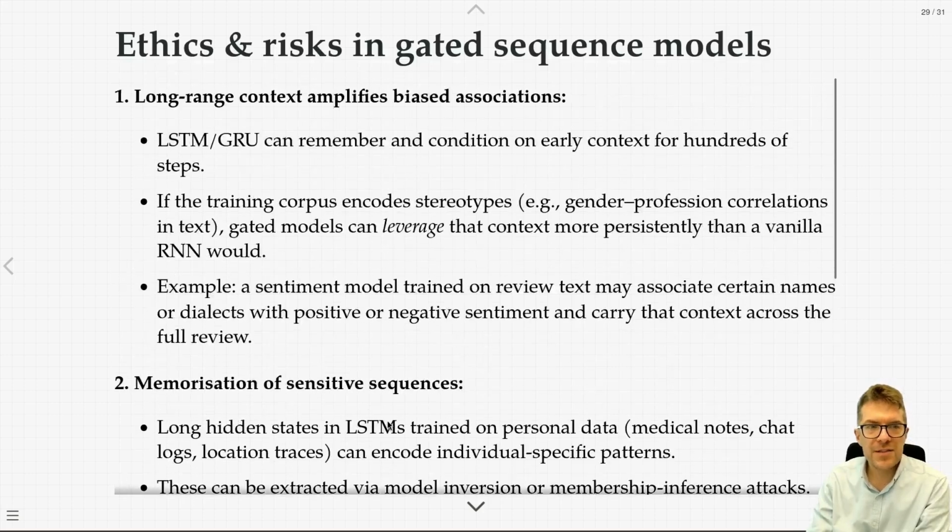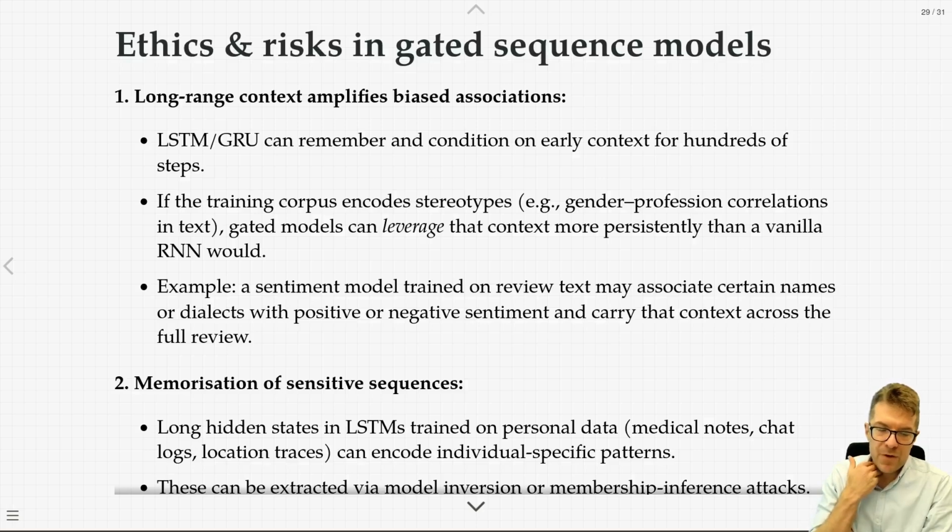So ethics: long-range context can amplify biased associations. If your time sequence runs not only over small measurements in time, like a cardiogram or a speech, then you might be incorporating stereotypes over very long periods of time indeed, in which biases can propagate very effectively through these cell states or through these managed hidden states in a GRU.